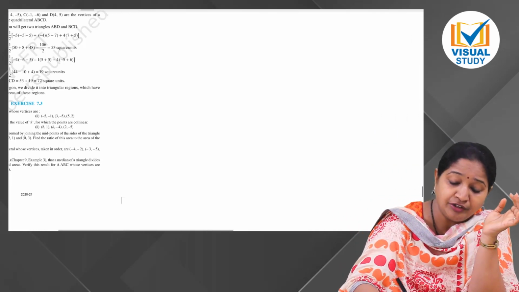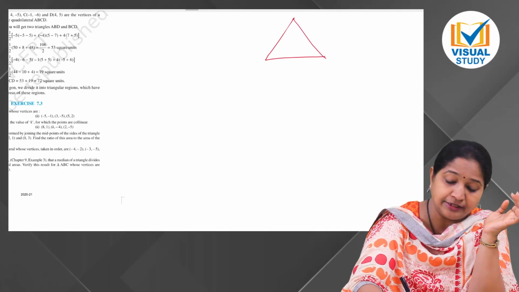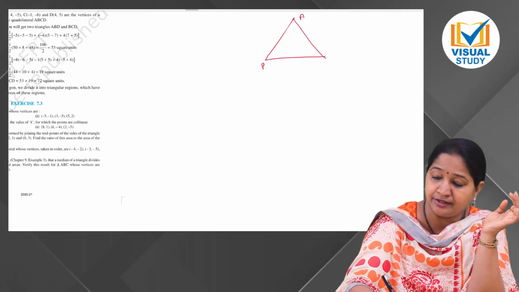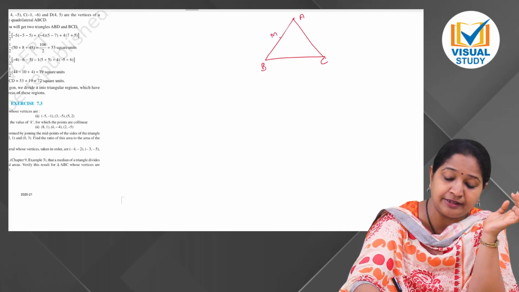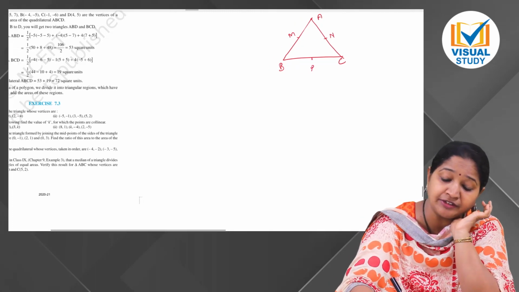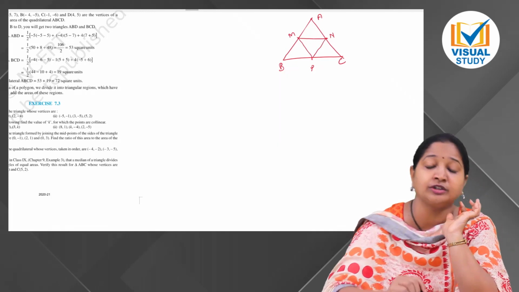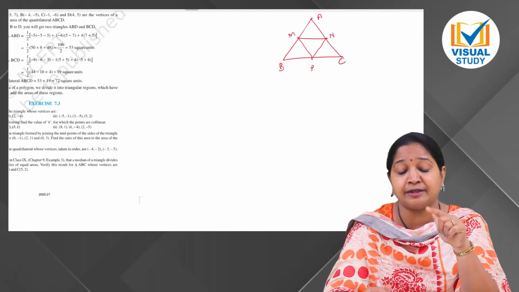That means when you draw a triangle and they have given you the midpoints, a triangle that is A, B and C. Let M be the midpoint of this, N be this and this be P. So when these midpoints are given, we have to join all the lines and you get a small triangle, that is the new triangle MNP.